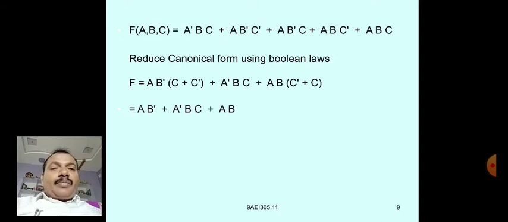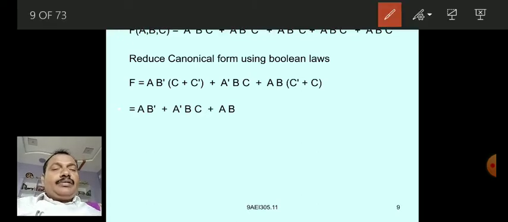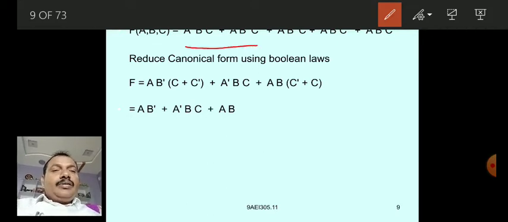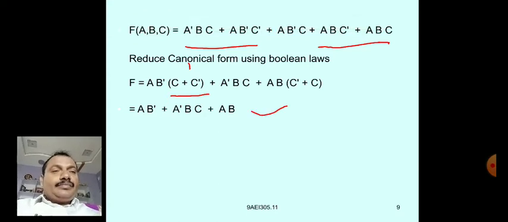You take the common A B bar, and in these terms, if you observe A B, from this you take the common A B bar, and from this you take the common A B, and you will have the function C plus C bar, which is always 1. So finally you will have the expression like this.